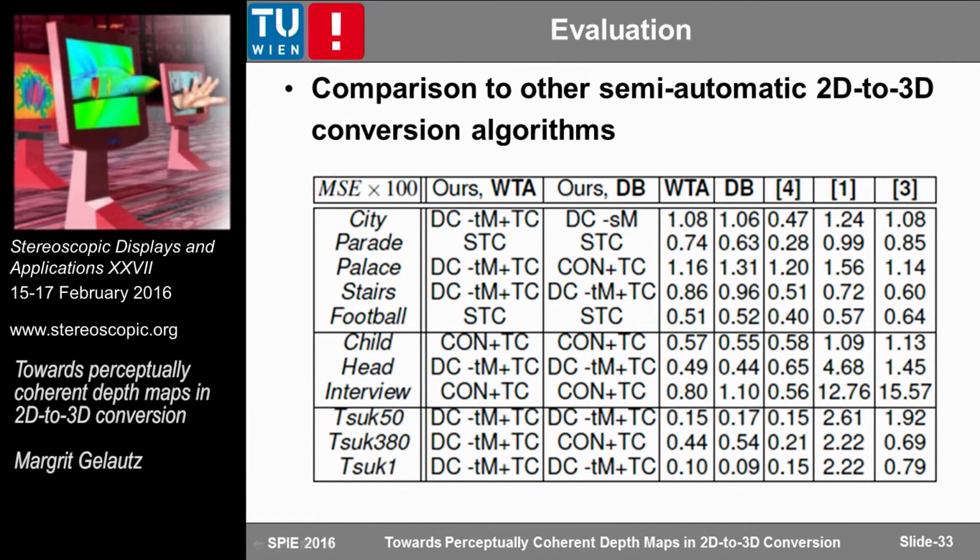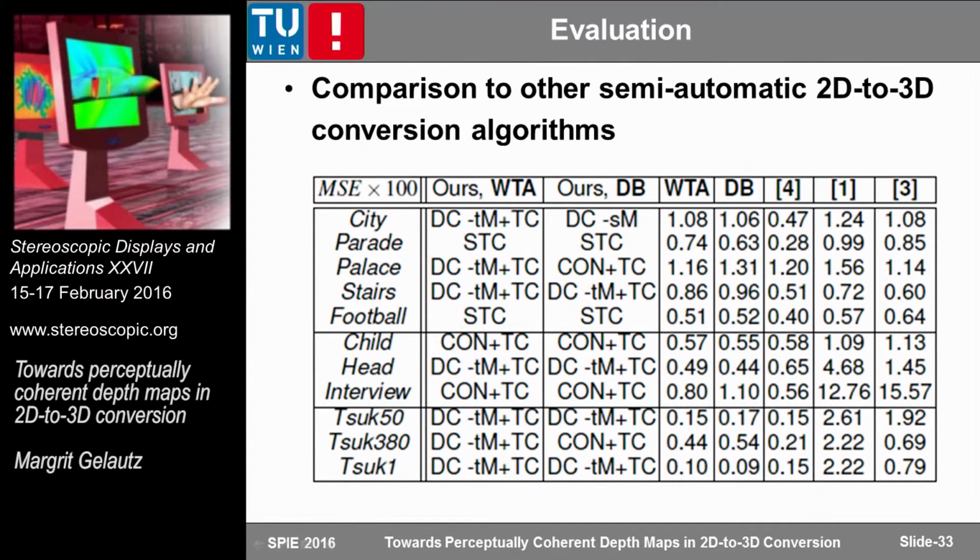So this is a comparison to 3 other algorithms, and if one takes a look at these figures in more detail, we find that our results, which come in 2 versions, the winner takes all and depth blending depth assignment scheme, basically outperform algorithm 1 by Gutmann in most of the cases.